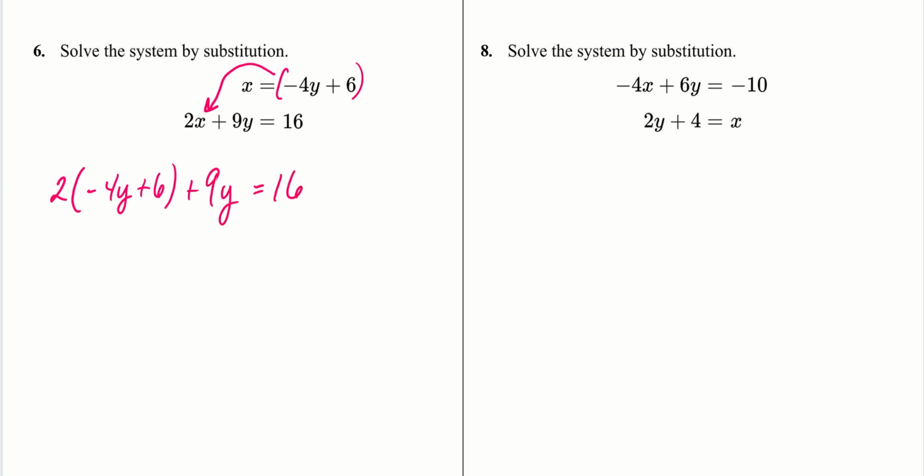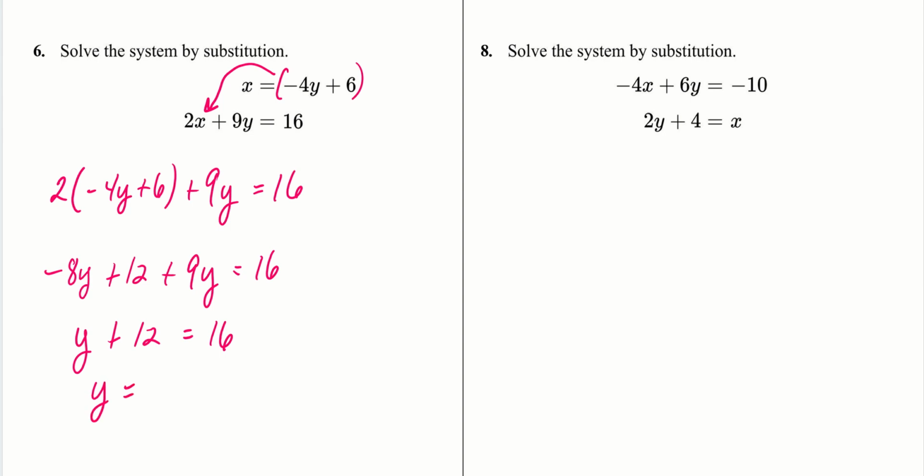I'm going to distribute. So negative 8y plus 12 plus 9y is equal to 16. I'm going to combine like terms. Negative 8y plus 9y is 1y, so I'll just call it y plus 12 is equal to 16. Subtract 12 on each side, and I get y is equal to 4.